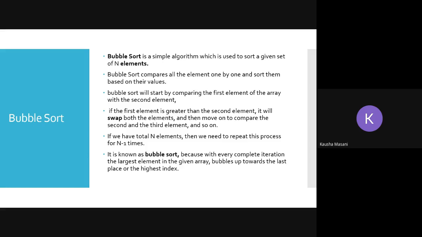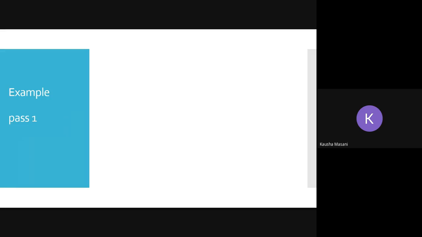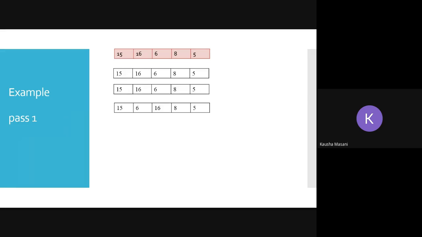In continuation with yesterday's session in unit number 2, yesterday we saw linear search, binary search, and bubble sort. Today we are going to take up further sorting techniques. We have already seen the implementation of bubble sort along with the passes.